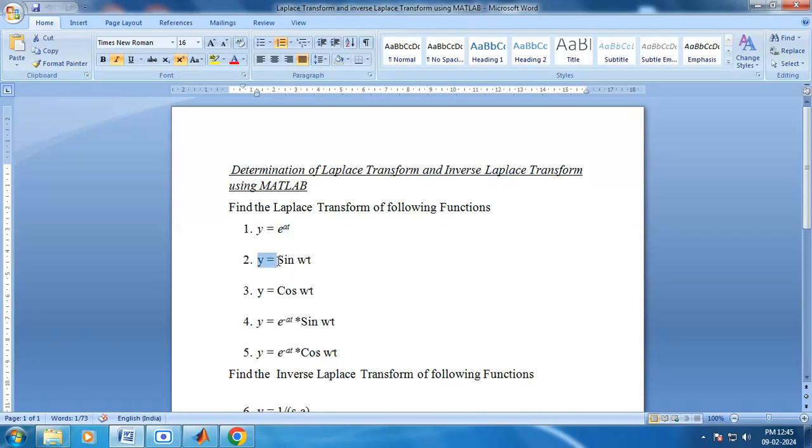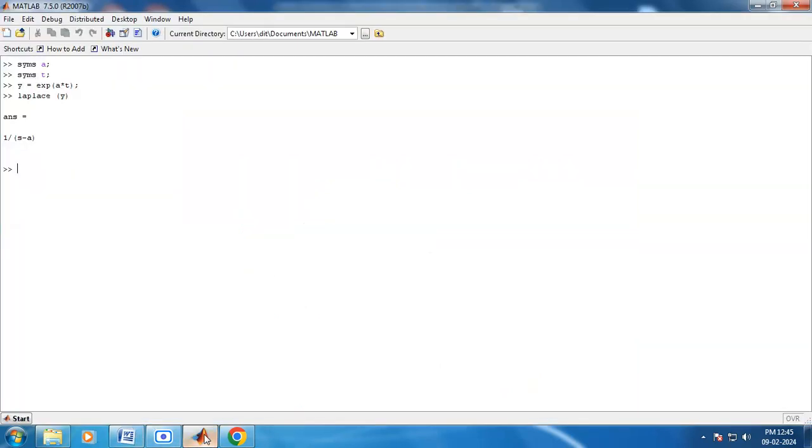So our next example is y equal to sine omega t. Here the variables are omega and t, so we have to define omega and t on the Matlab screen.